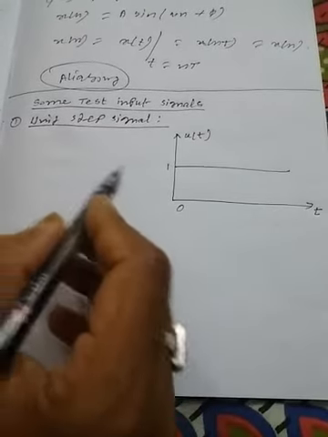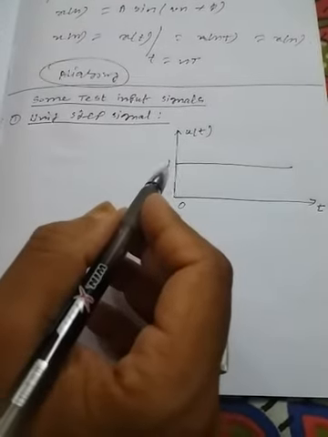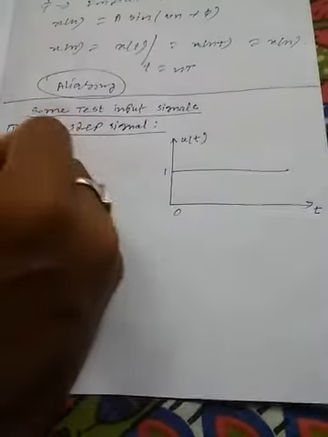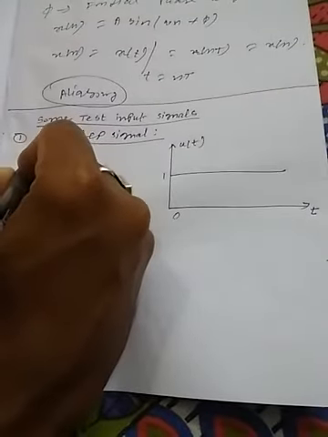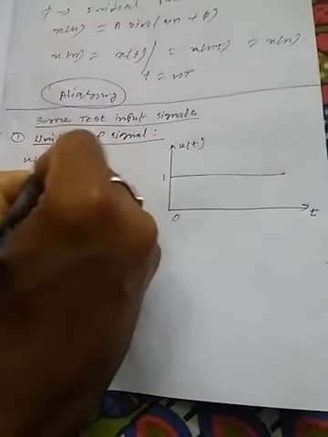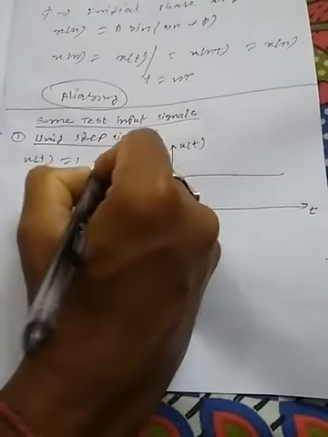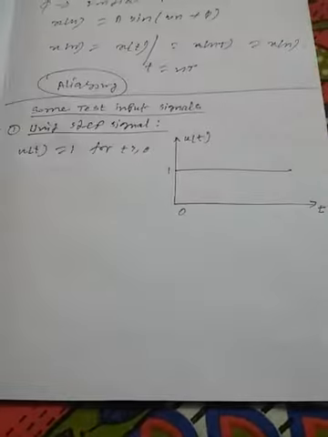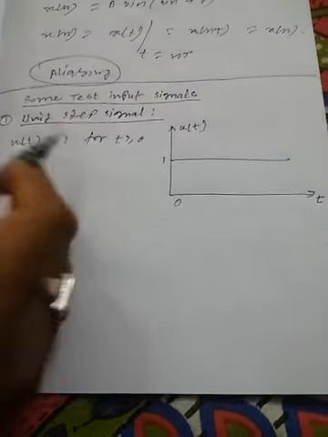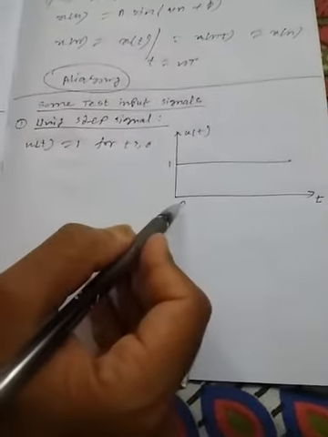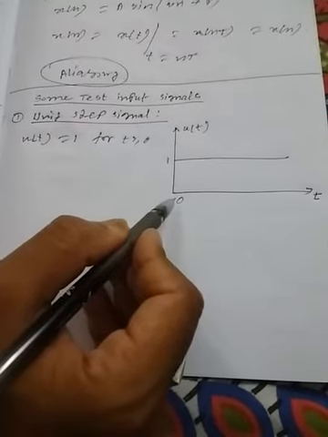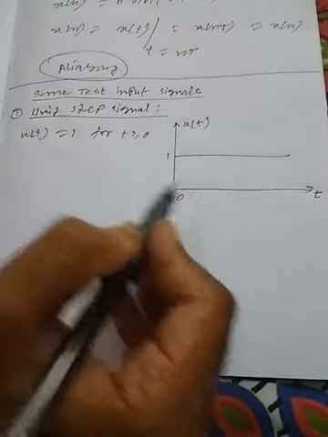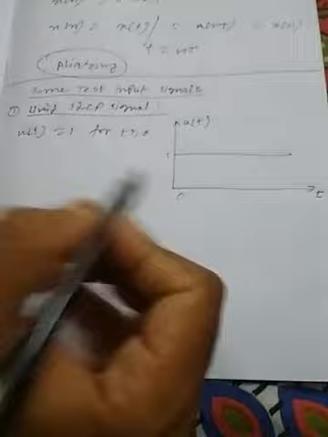If I want to define the unit step signal, it will be defined this way: u(t) equal to 1 for t greater than or equal to 0. For t either 0 or greater than 0, the magnitude is 1.